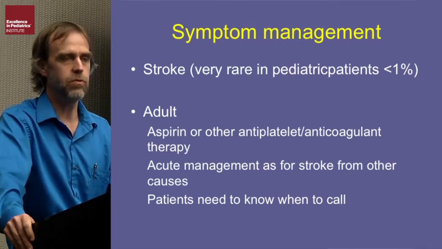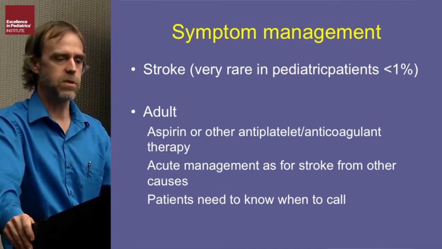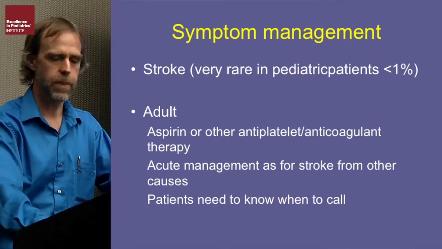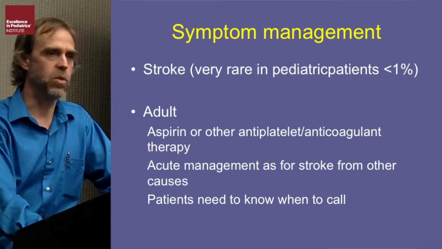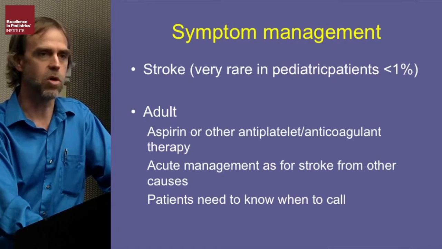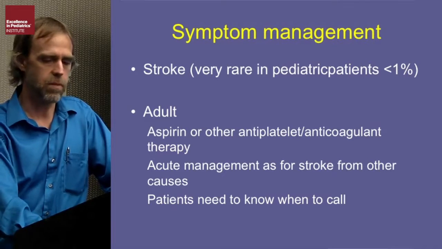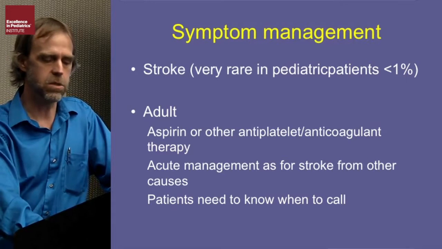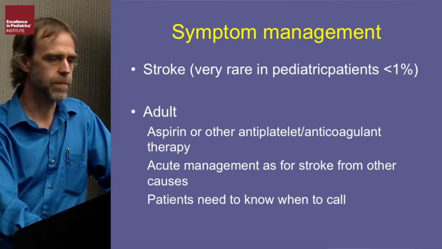And acute management for stroke is the same as for other causes of stroke. If you have a patient with Fabry disease, you need to make sure that the patient and family know when to call, and that immediate institution of therapy is essential.